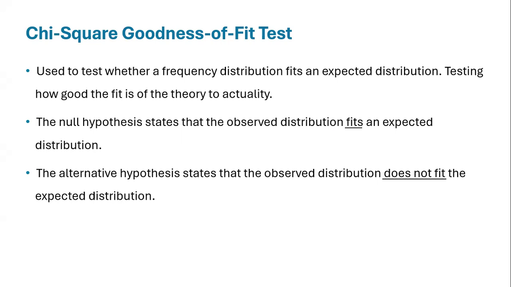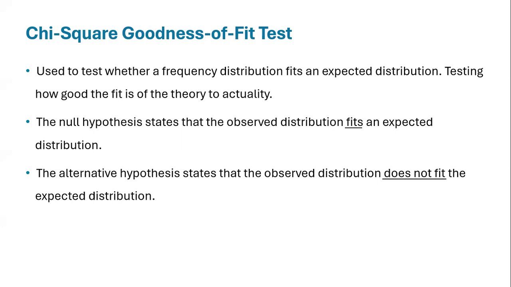To write the null and alternative hypotheses in this hypothesis test, we always assume equality for the null hypothesis. So we say that the observed distribution fits an expected distribution in the null hypothesis. In the alternative, we say it does not fit. The observed distribution does not fit the expected distribution.